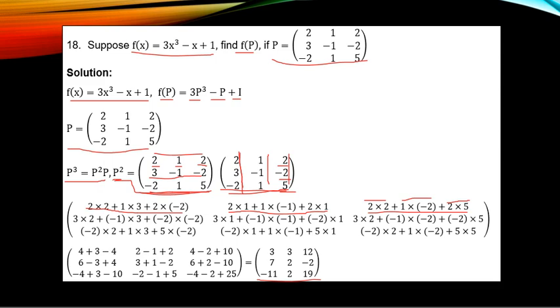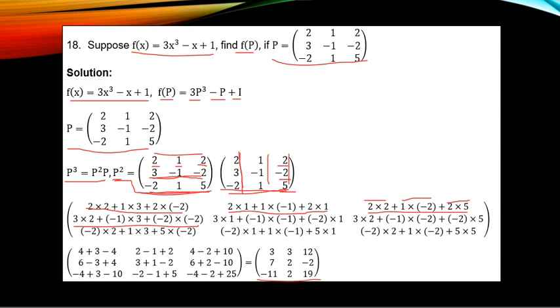Okay, you move to the second row of P, that is 3, minus 1, minus 2. Second row times first column, 3, 2, minus 2. When you do that, you have 3 times 2, minus 1 times 3, minus 2 times minus 2.